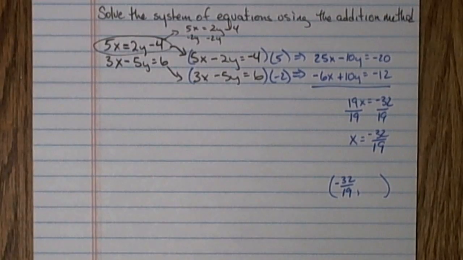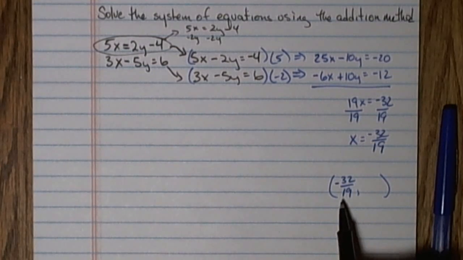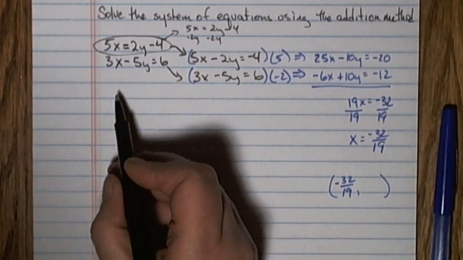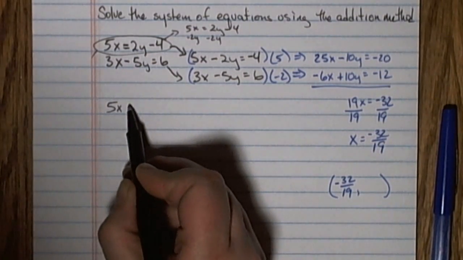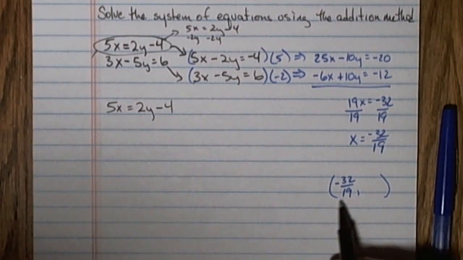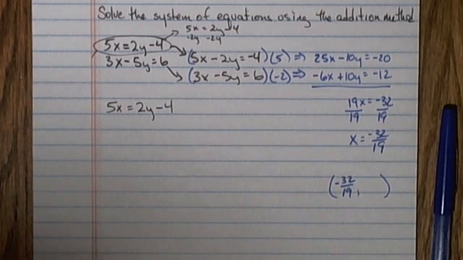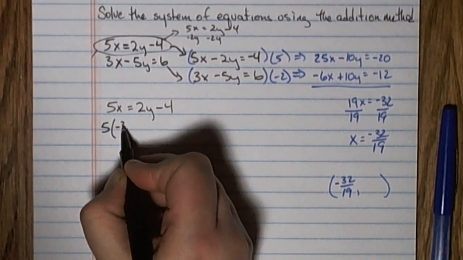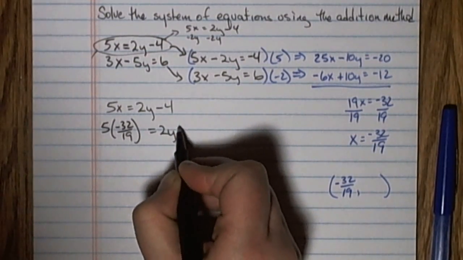So now I still need to go back and find the y. It's not really difficult to do that if you're using a graphing calculator because we can handle fractions easily. So I go back and take my original equation, 5x equals 2y minus 4. For the x, I'm substituting this value, and then I'll solve for the y. So I have 5 times negative 32/19 equals 2y minus 4.